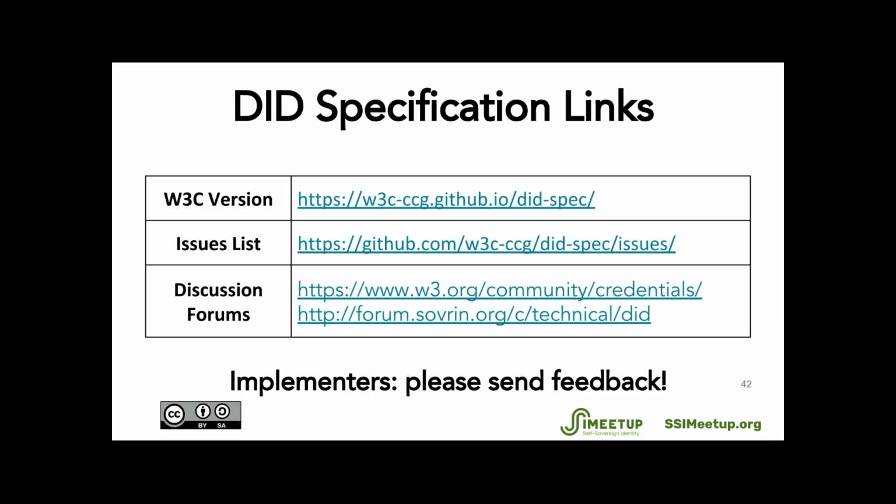So the verifiable claims working group was officially approved, I think it was January of last year, and is about 18 months into its work now. The DID work is in the credentials community group. That's not yet an official working group, but that's what we're working on happening now. So anyway, that's how W3C handles it.